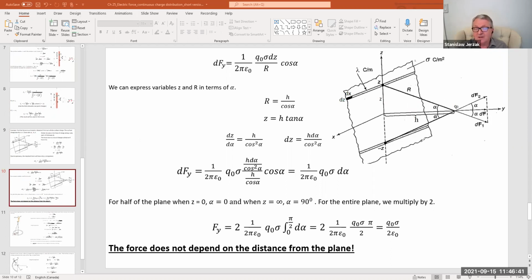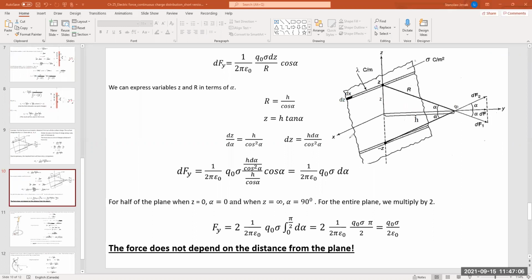If the distribution is not too complicated, like a line or plane of charge, or maybe a ring or hoop, then the calculations are quite easy. But if the distribution is more complicated, then you have to use multivariable calculus, and the integrals can be quite complicated. We will not go into these complicated cases because you are in the process of learning that multivariable calculus.